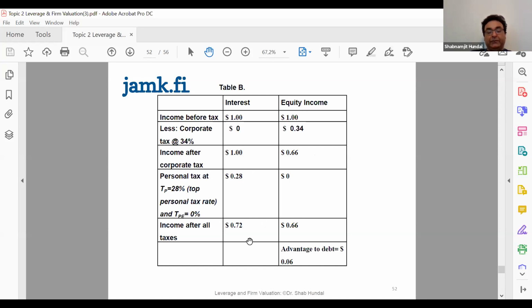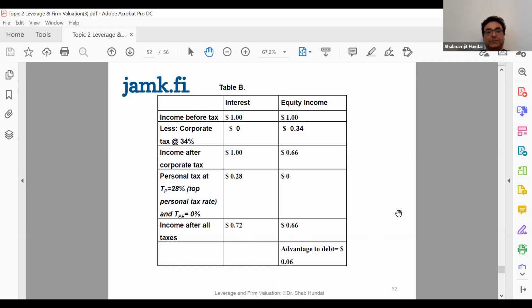And when we do this calculation, we find that overall, in this case, the debt holder gets 72 cents after all taxes, and the equity holder gets 66 cents. So in this example, the relative tax advantage is to the debt holders rather than the equity holders.